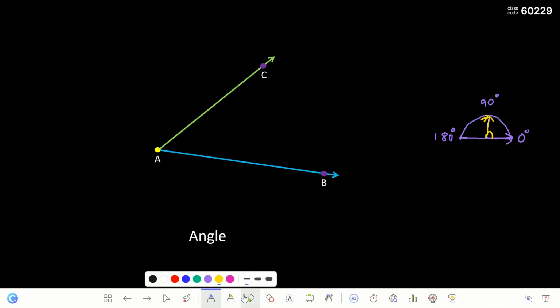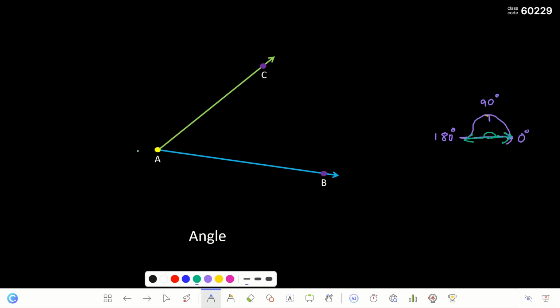So you could have your second ray somewhere here, and that's your first ray, and this angle formed would be 180 degrees, right? So that's a brief revision for you.